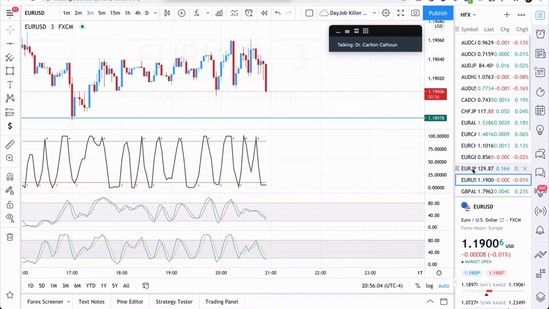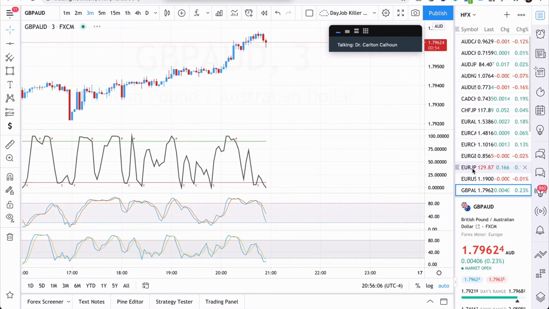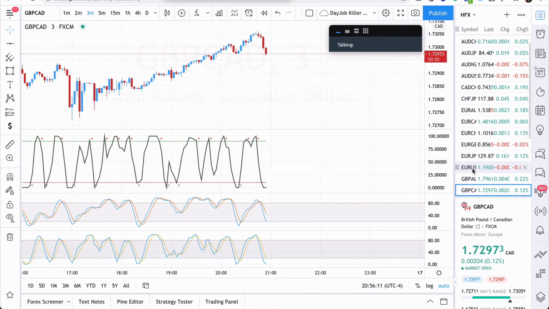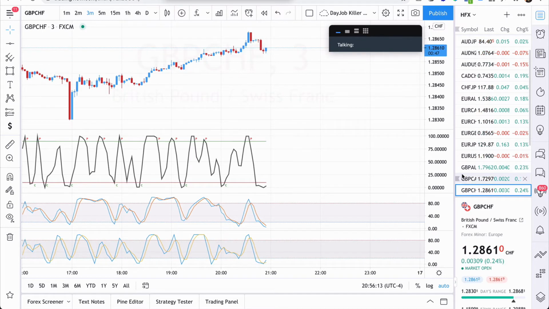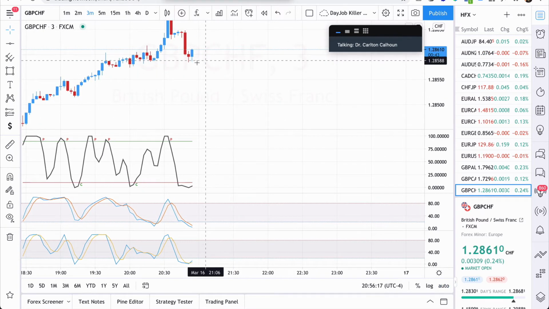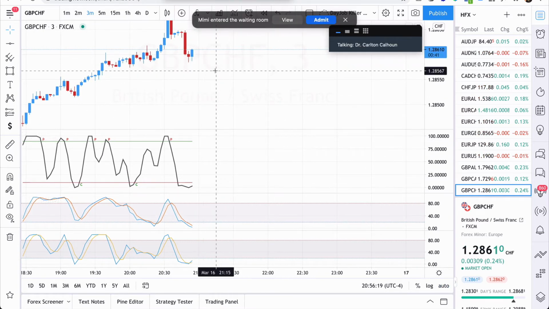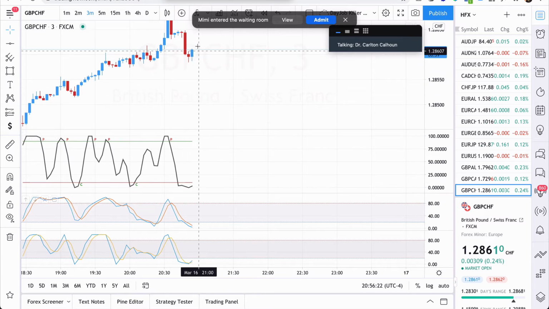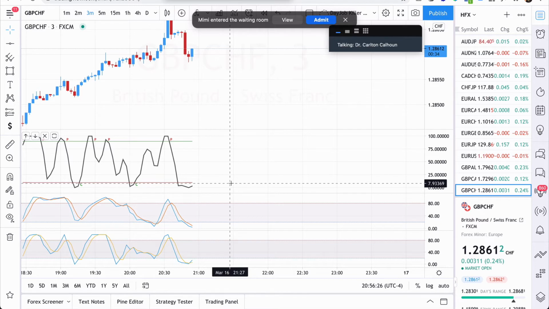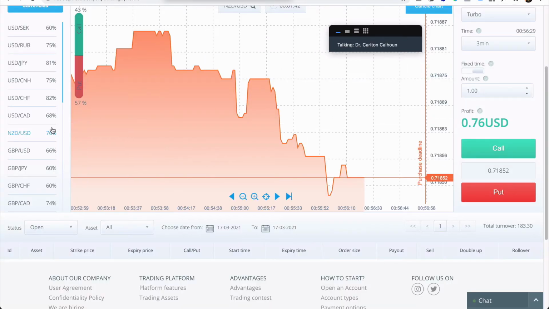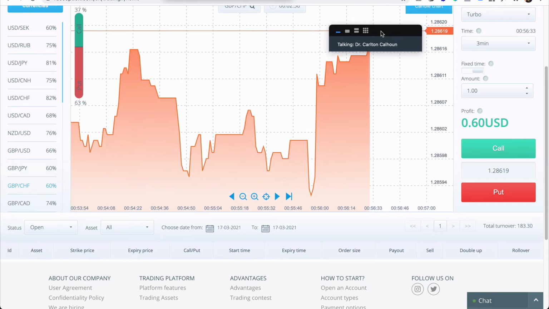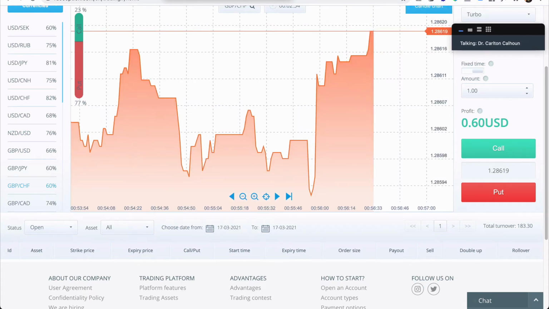All right, EUR USD is setting up for a potential call. GBP CHF, that's one I would have taken. That's a morning star. But if you keep getting momentum pushing up, you should see a C on the next candle. Let me go to GBP CHF. It's only paying out 60%, but I'm only trading $1, so I don't care.